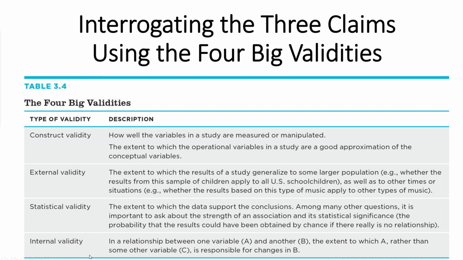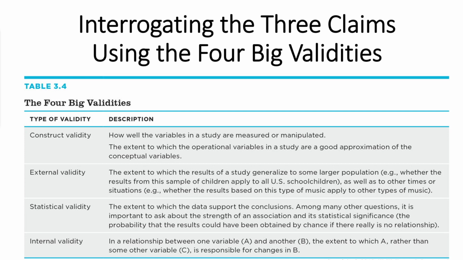And then our last point is internal validity. It kind of makes us think of external validity, but internal validity is looking internally. So in a relationship between two variables, A and B, internal validity is the extent to which A, rather than something else, is responsible for changes in B. So if we're studying this relationship between A and B, how sure are we that we're actually studying what we're meaning to study?